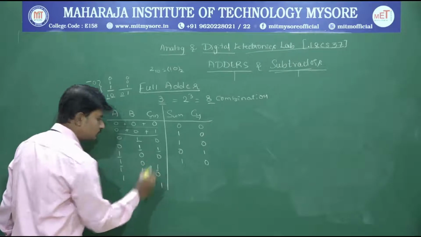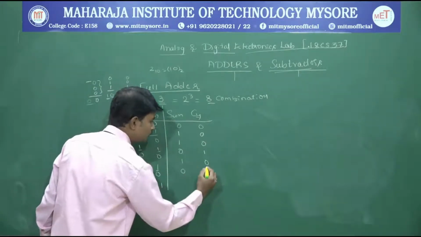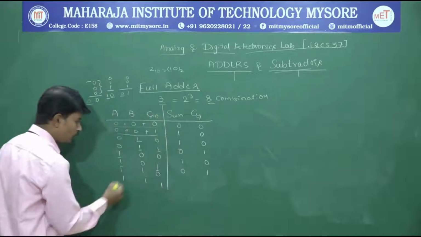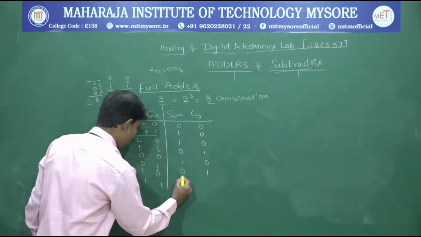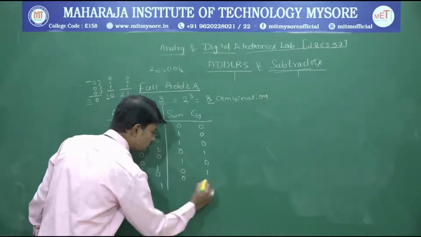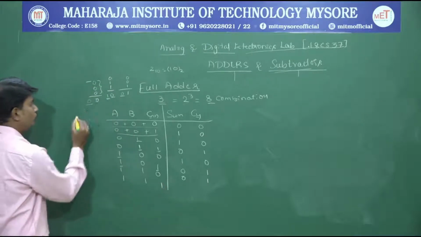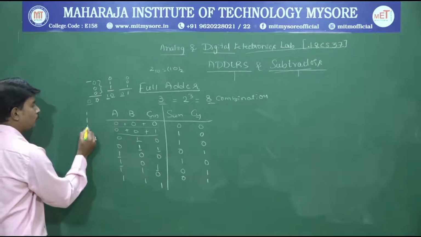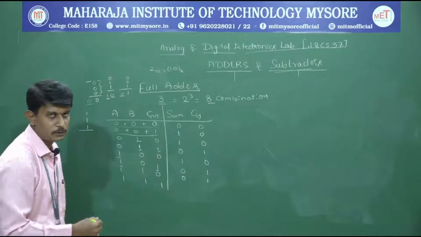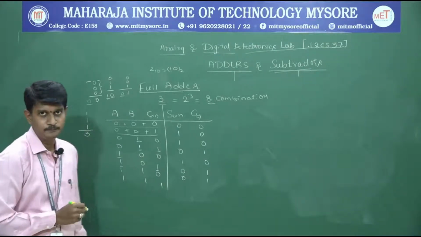Now here two input variables are high, so sum is equal to 0 and carry is equal to 1. Now in this combination also there are two high inputs, so I'll put it as 0, 1. Then in the last combination you are going to do 1 plus 1 plus 1. In a conventional addition operation, you are going to end up with a 3.